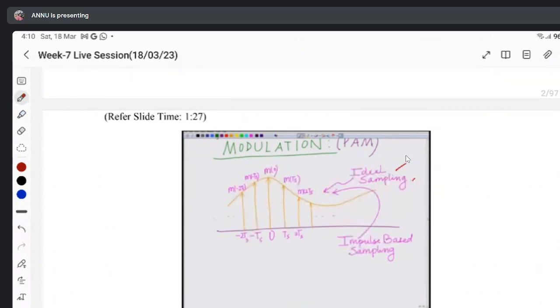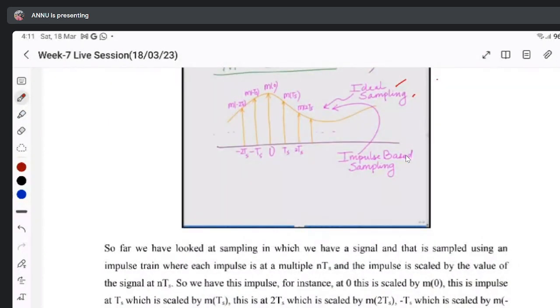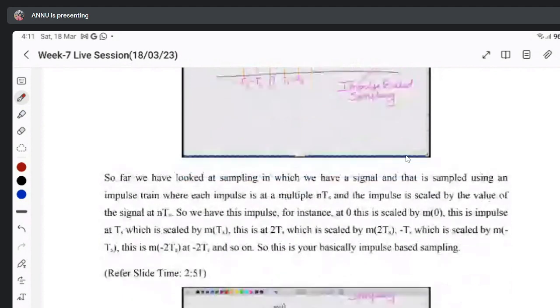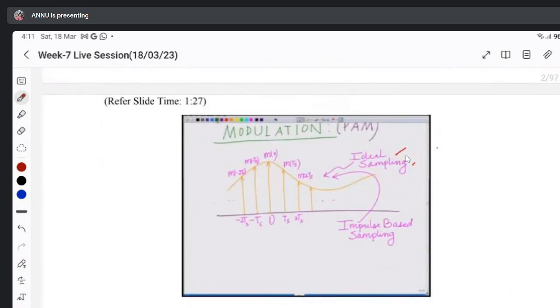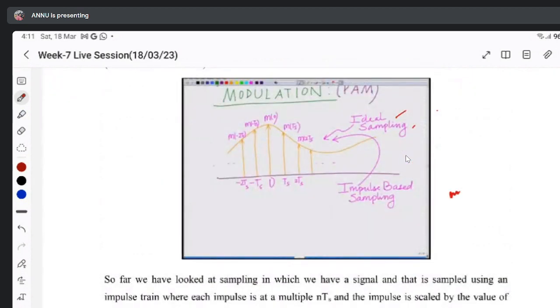But in practice, we don't have ideal sampling. We usually multiply it with a pulse train. We have looked at a signal sampled using an impulse train, but here in pulse sampling we will multiply using a pulse like this, and we will get the sampled message signal, the multiplication of m(t) with the pulse train, where n ranges from 0 to N minus 1.